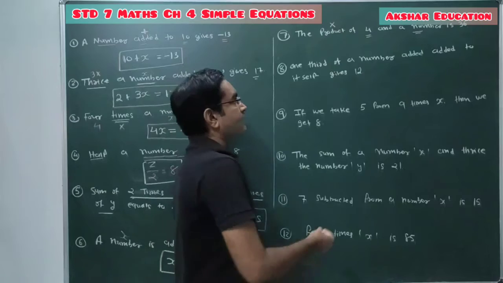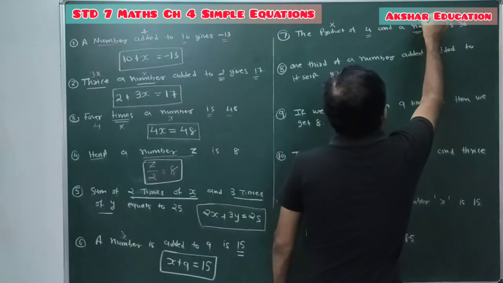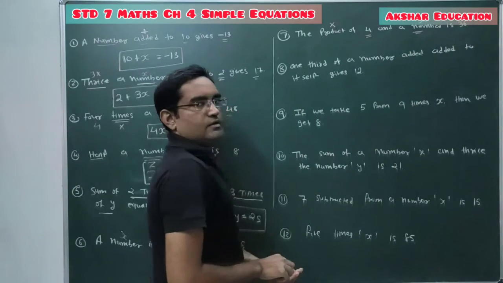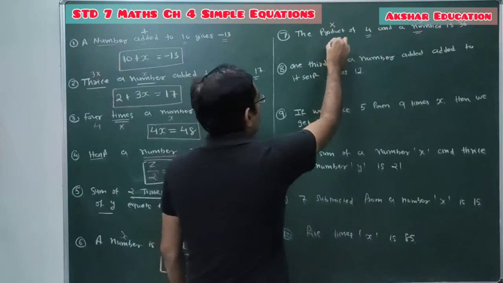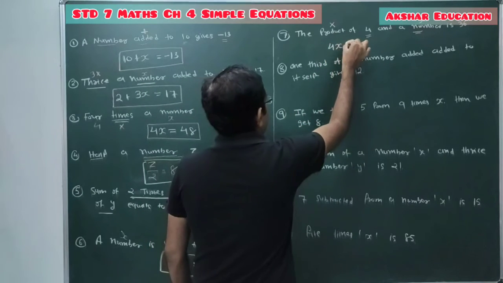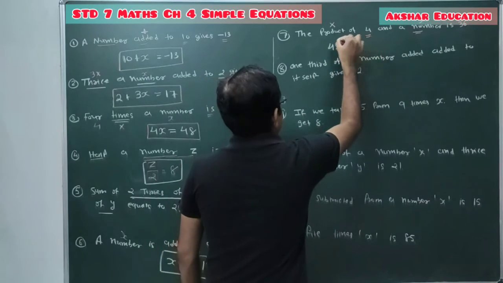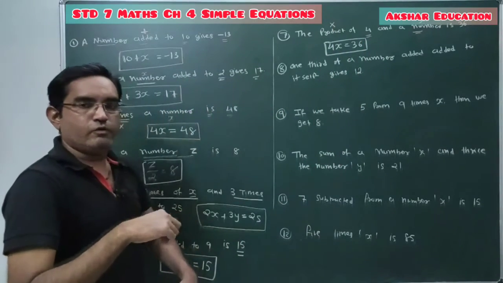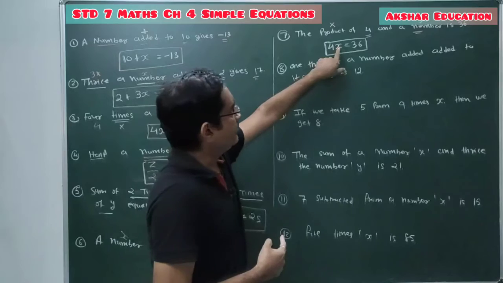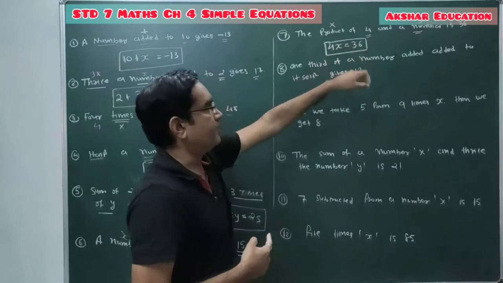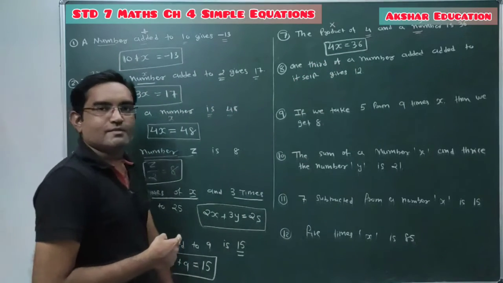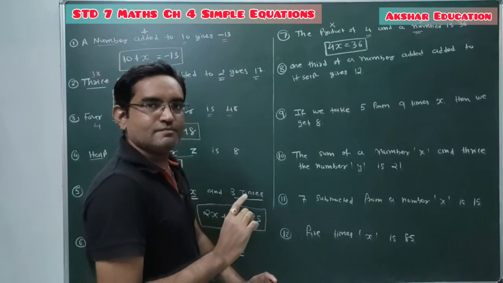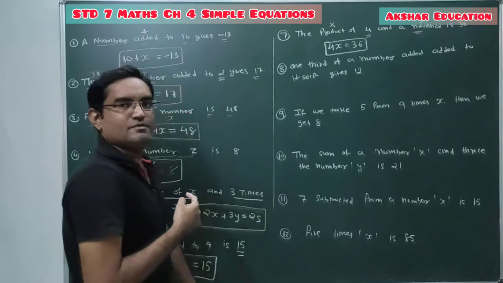Let the number be x. So the product of 4 with x is 36. So 4 into x is 36. Clear हुआ?